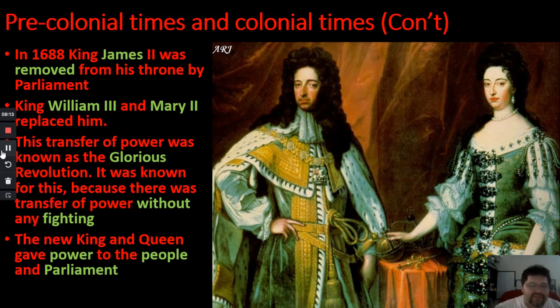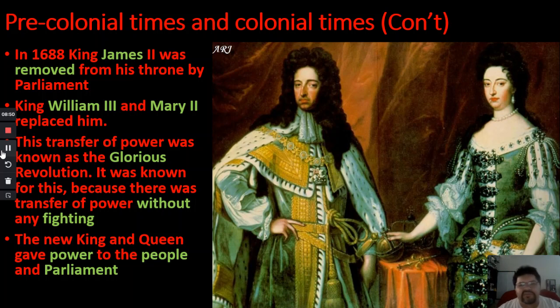Now the thing is, William is pretty smart. Okay, he saw the writing on the wall. So he basically said, okay, yes, I am the king now, but I'm going to give some powers away to Parliament. I'm going to relinquish some power to you, Congress. Let you guys decide on things. Now, this transfer of power became known as the Glorious Revolution because there was no fighting.